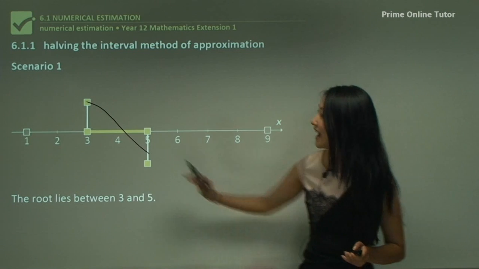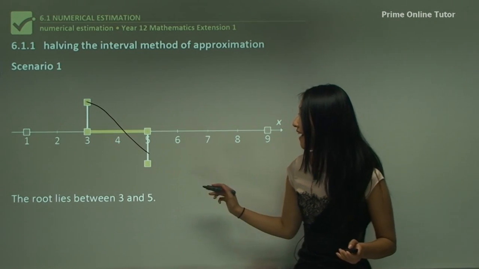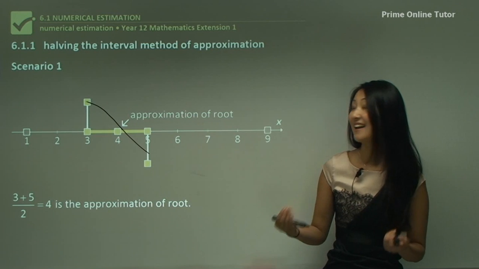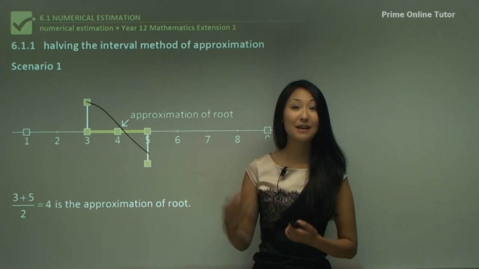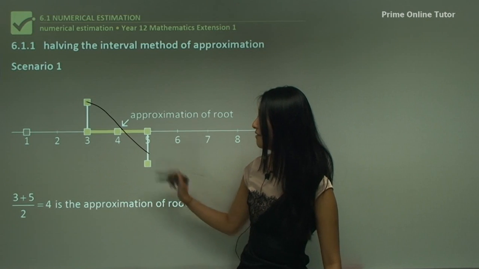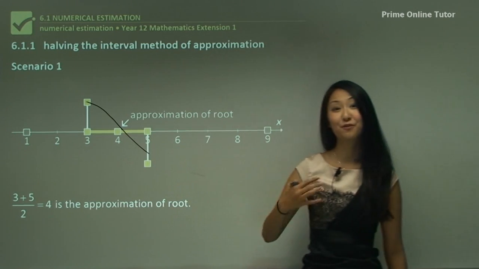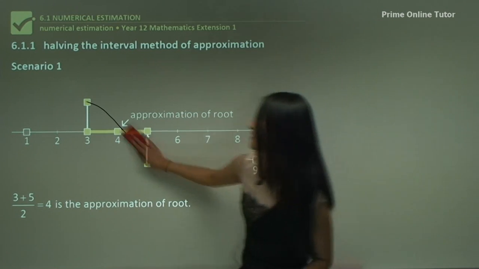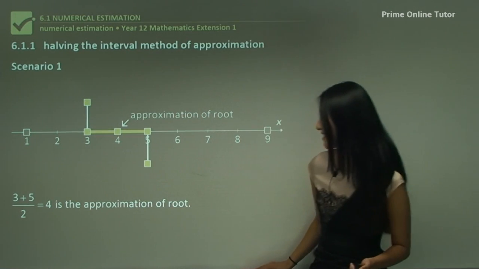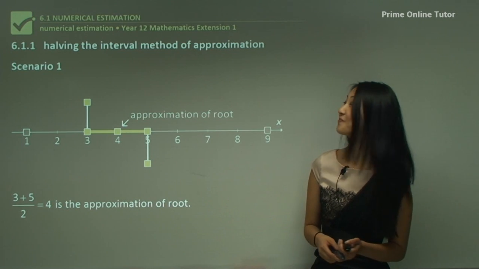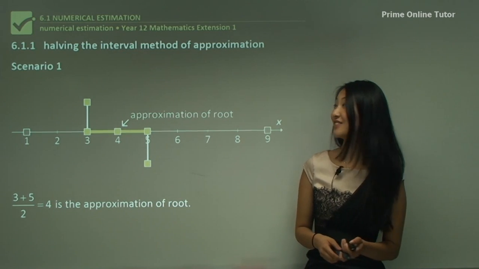And since we have a narrow enough interval now between 3 and 5, what we can do is take the approximation of the root. And how we do that is the same method as halving the interval. So we just take between 3 and 5, which is 4, and we say 4 in this case is the approximation of the root. And that in this case is enough, so we're not going to keep going, and that's where we're going to stop. All right, let's move on to scenario 2 now.